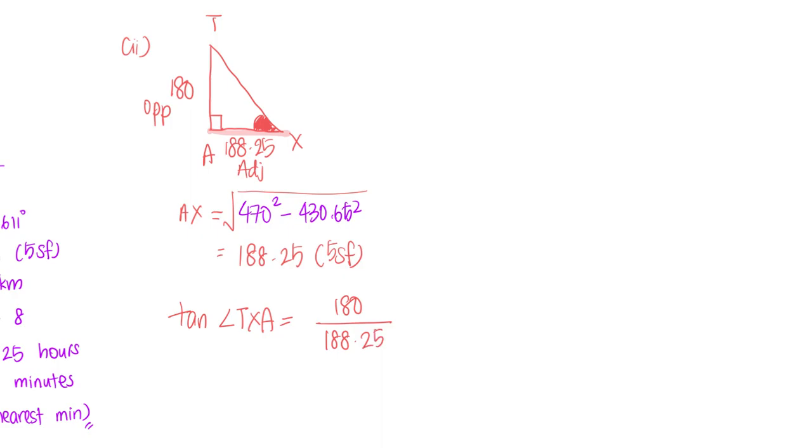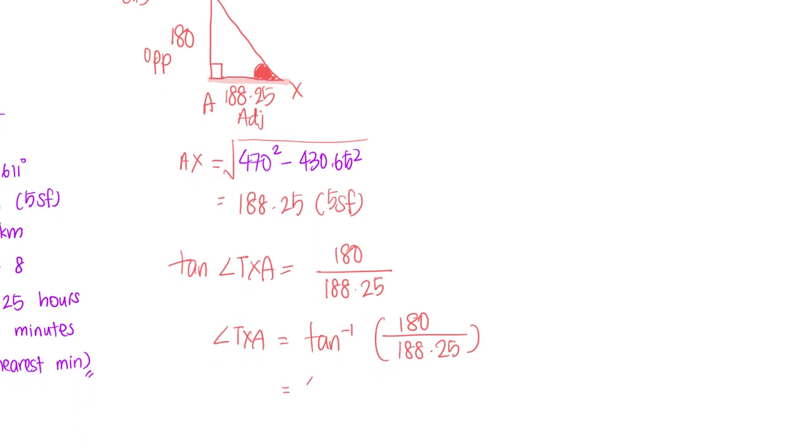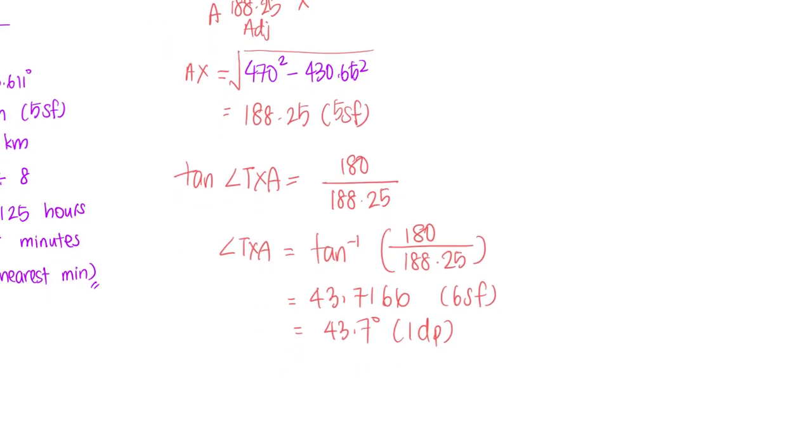And so final answer, this will give me a value of 43.7166, 43.7 degrees to 1 decimal place, and therefore the angle of elevation of T from A equals 43.7 degrees.